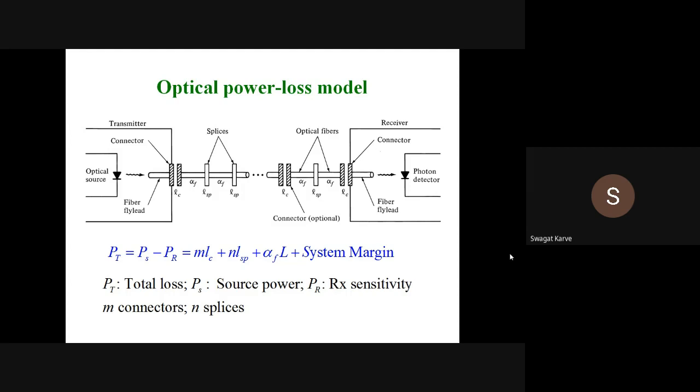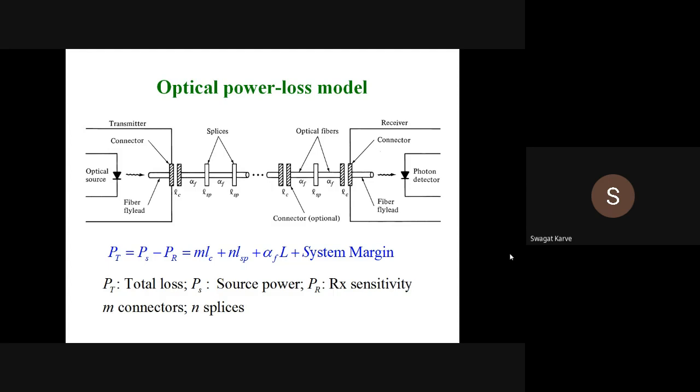right? So the total power, that is PT, is equal to the power of the optical source, that means source power, minus PR, that is nothing but the receiver sensitivity or the power received at the receiver side. So total power will be the power transmitted minus the power received.